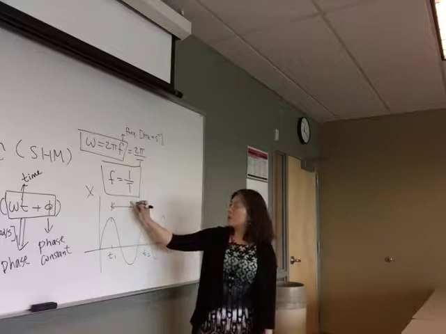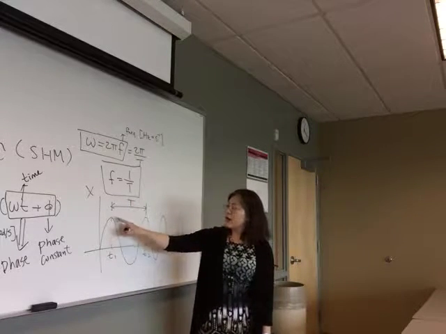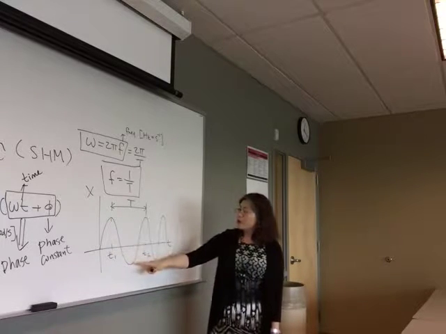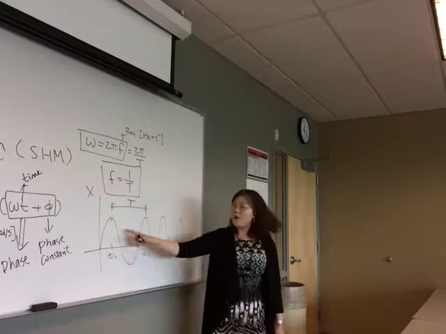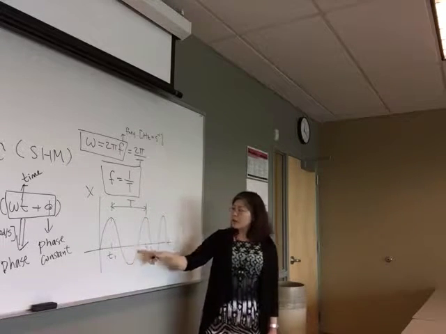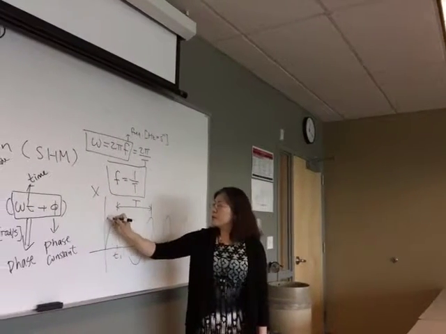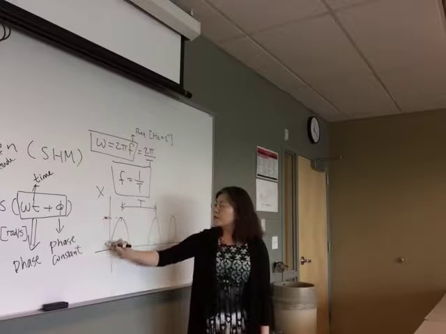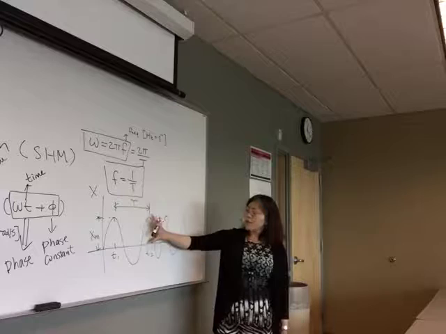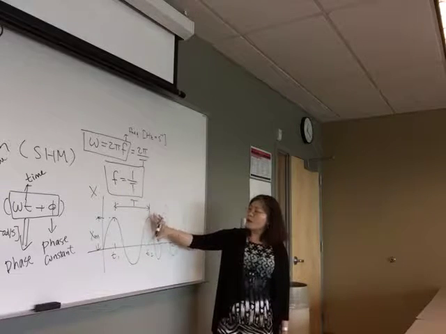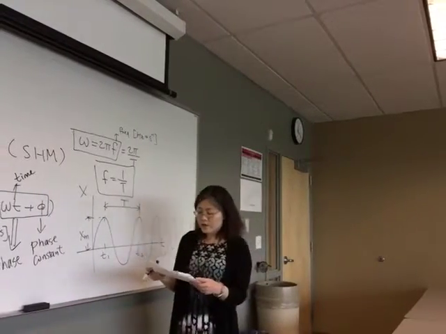This is what we call the period. Also, if you follow from this point down to this point, it repeats itself in space. This is what we call the wavelength. And from this point to the reference point is our amplitude. Now, if you measure the amplitude from peak to peak, we call that the peak-to-peak amplitude. This is just the definition.